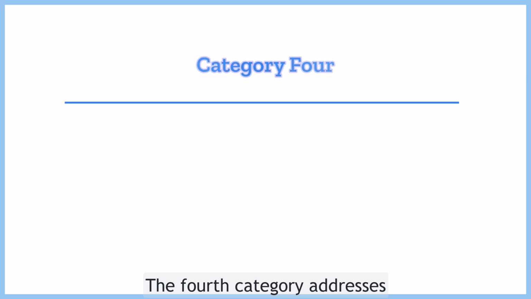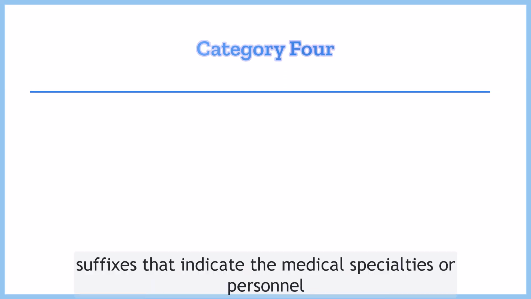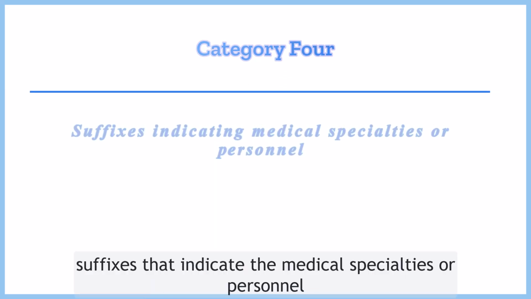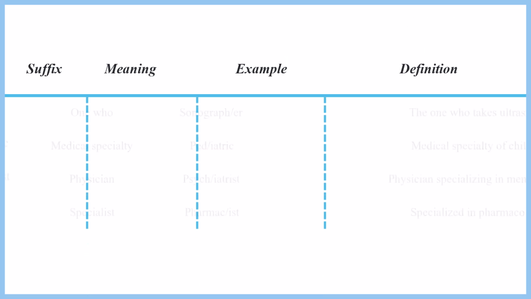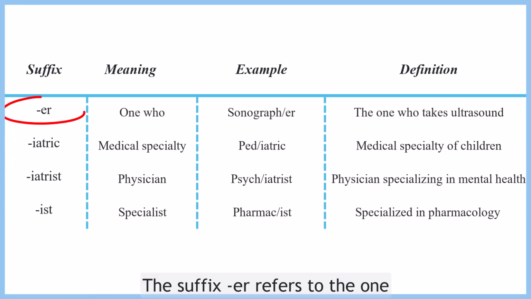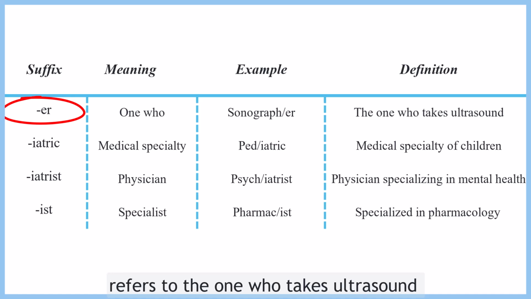The fourth category addresses the suffixes that indicate the medical specialties or personnel. The suffix er refers to the one who does something. For example, sonographer refers to the one who takes ultrasound.